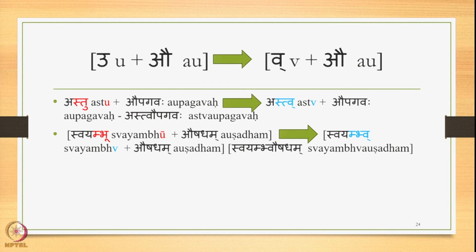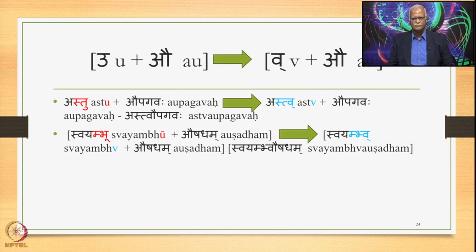So, we have Astu followed by Aupagavaha and the output generated is Astva Aupagavaha, where U is substituted by V. Similarly, Swayambhu plus Aushadham and long U is substituted by V by the application of 6177 and so you get Swayambhva Aushadham, Swayambhvaushadham.